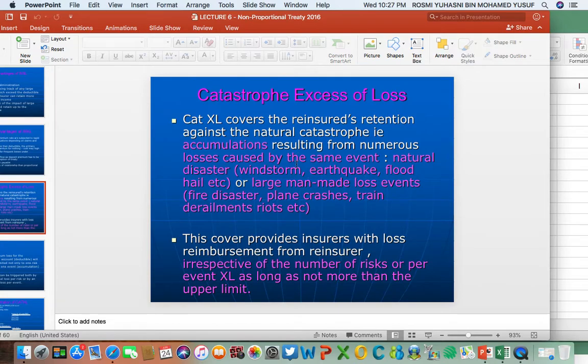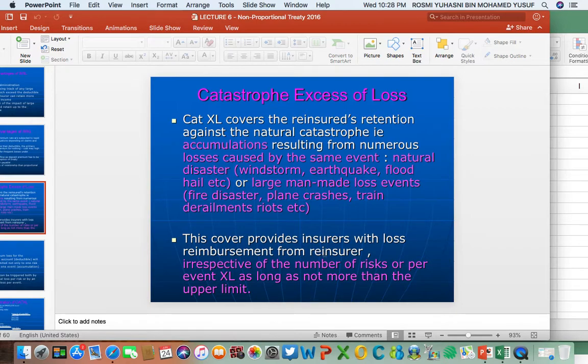So basically, there are two events which might result in catastrophic losses. The first is accumulation of losses as a result of natural disaster, and the second is accumulation of losses arising out of non-natural disaster events.